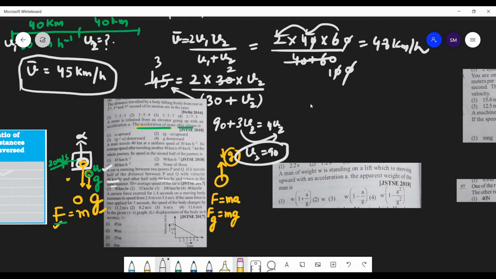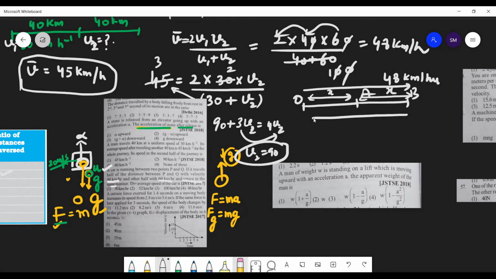Now, the twist in the question is this O, A, B. You have traveled from O to A, half of the distance with 40 and half of the distance with 60. So the average speed in this part of the journey is 48 kilometer per hour. When you are coming back the same way, the average will again be 48 kilometer per hour.